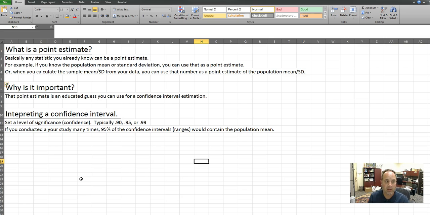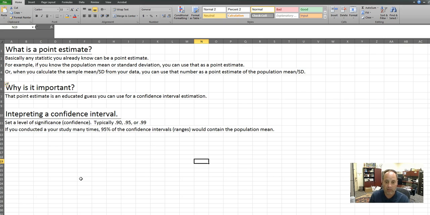We'll go over the output in a minute here, but when you perform your confidence interval, the way you would interpret it when you get that range, that lower number and that upper number, is basically what you're saying is if you were to conduct this study a whole bunch of other times, many times, 95% of the confidence intervals or ranges that you would calculate would encapsulate the population mean under investigation.